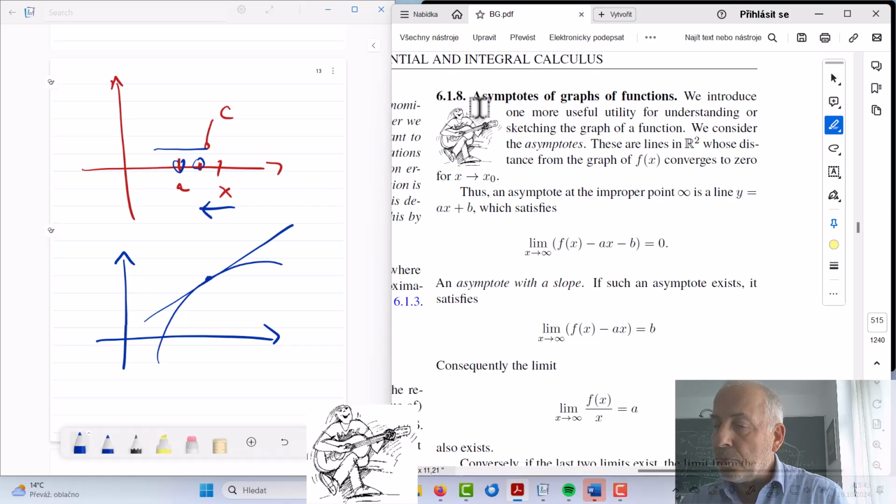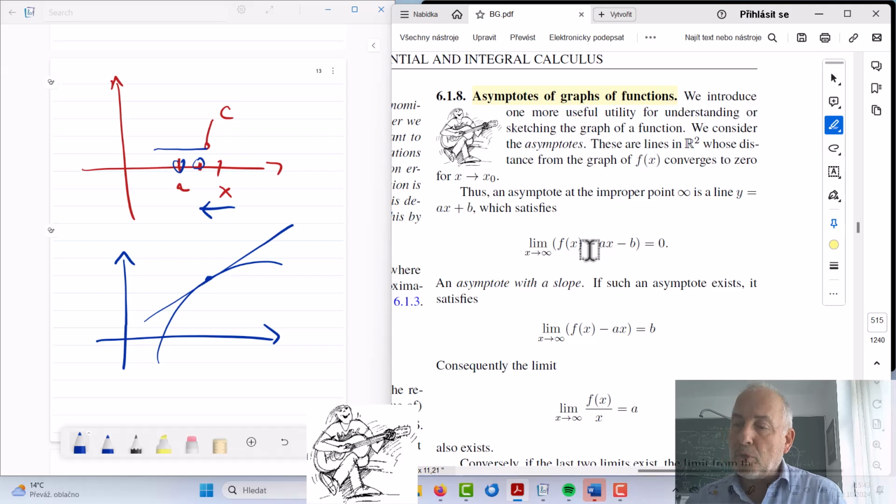And the last thing, to be able to draw a reasonable, approximating picture of a function's behavior, is to deal with asymptotes. That means you try to decide how the function would behave if you grow with the argument, so beyond the limits, right?